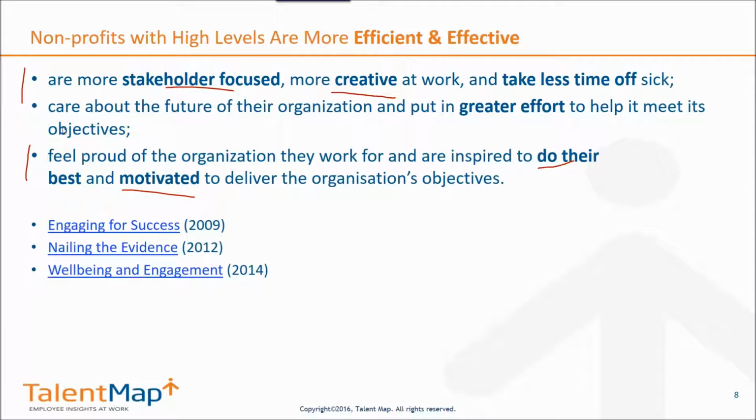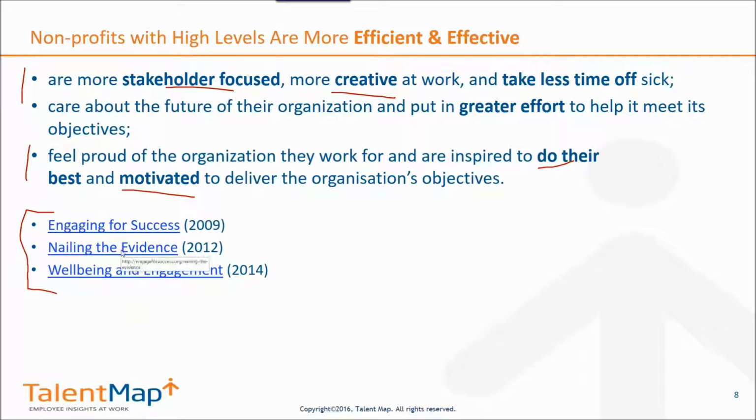I'm not going to go through all of the links. I know many of you on today's webinar are familiar with engagement and the drivers of engagement, but it's always good to pay attention to how they link to the business outcomes. And there are three really good pieces of evidence that you can find. Engaging for Success, that's at engageforsuccess.org.